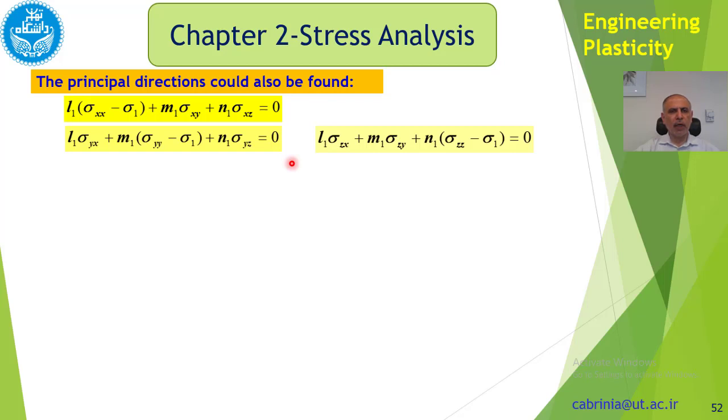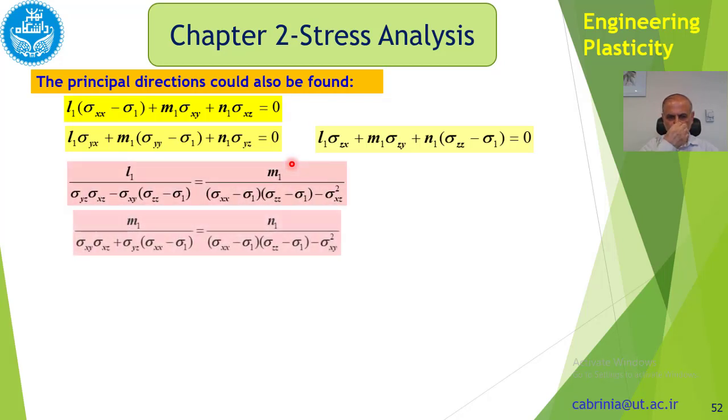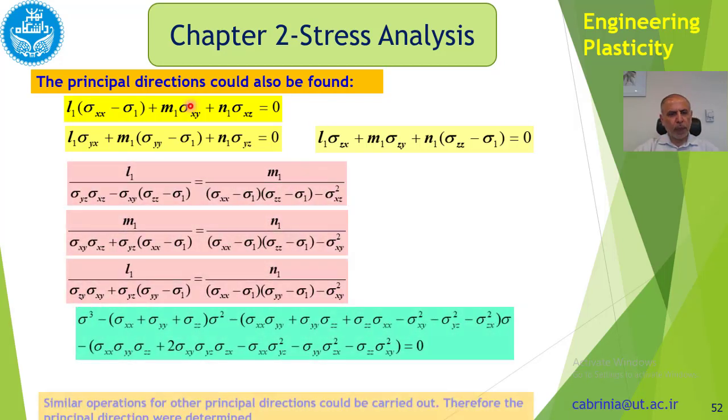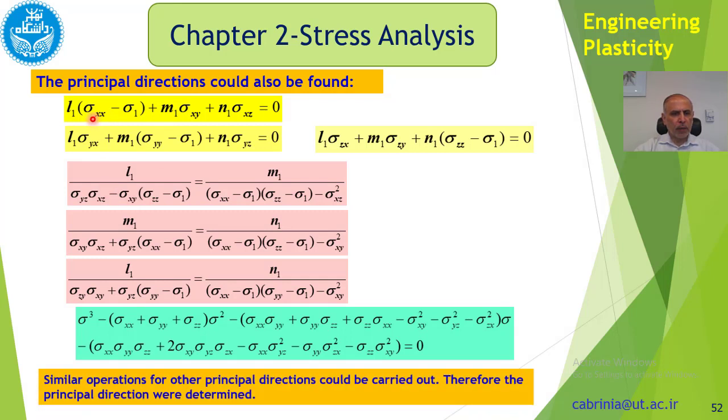Now we want to find out the directions for each of these planes. How do we do that? We obtained these equations very easily, and we could do it again: eliminating n1 from these equations to get L1 over n1, and eliminating L1 from this equation to get m1 over n1, and also L1 over n1.